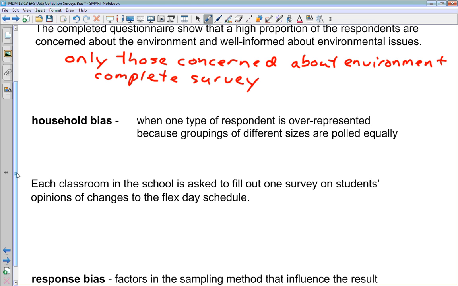Let's see, household bias. When one type of respondent is overrepresented because groupings of different sizes are polled equally. Okay, now this is called household bias because you can imagine somebody doing a survey door to door.